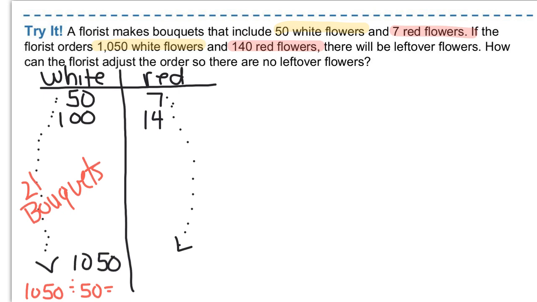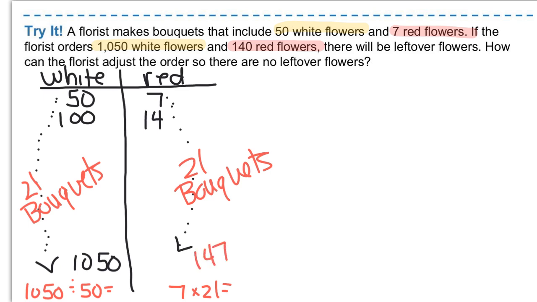So if I have 21 white flower bouquets, I also need red flowers in the bouquets. So if I skip counted by 7, 21 times, I would get to 147 red.